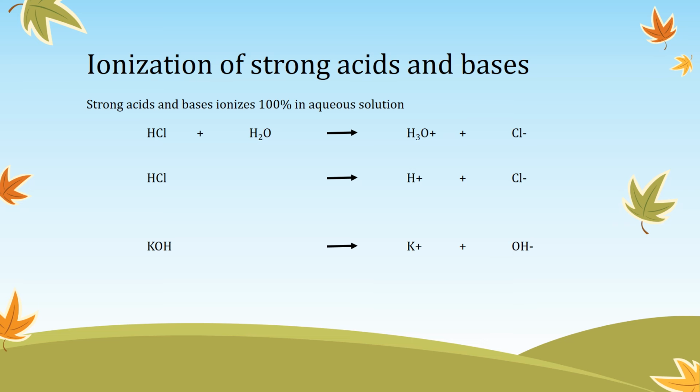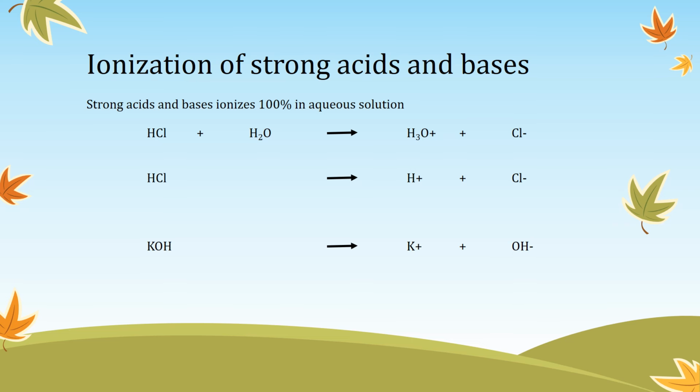Mostly, a proton is transferred to a water molecule, and H3O+ becomes a conjugate acid. Otherwise you can also put it like HCl ionizes to hydrogen ion and chloride ion.